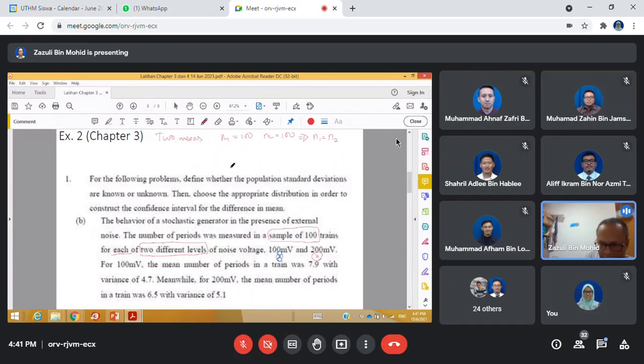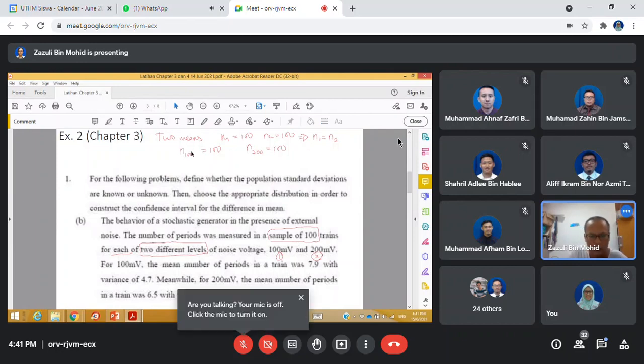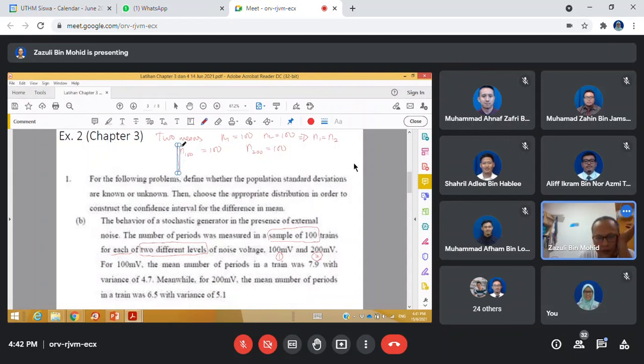Jadi kalau kita nak buat table, we can have N100 equal to 100 and N2 is also 100. If this is for N200, it is also 100. So we can have something like this. Okay. This is, if you want to draw a table, we can draw it like this.